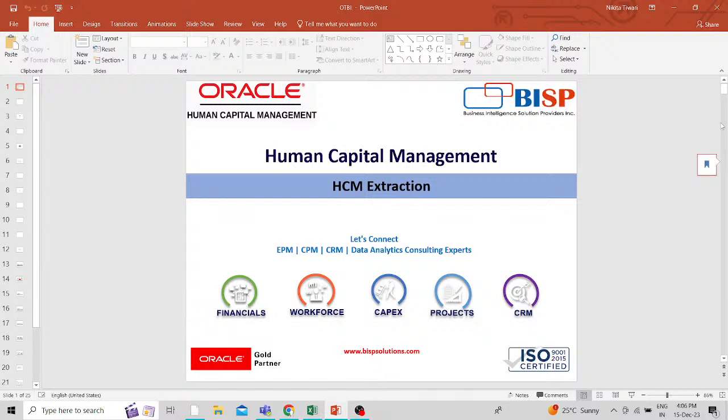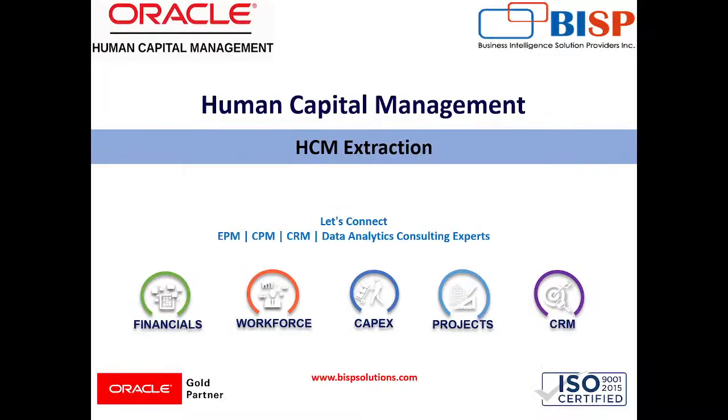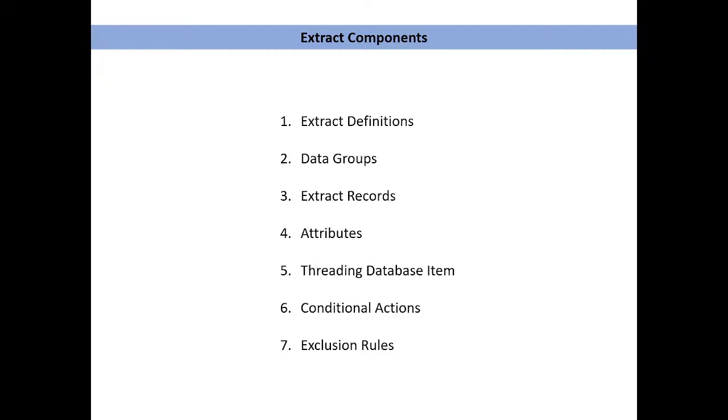The specific capabilities and features of the HCM extract can vary from one HCM software to another, but the primary goal is to provide a means of extracting and managing HR data for reporting and analysis purposes. So we already talked about the extract components.